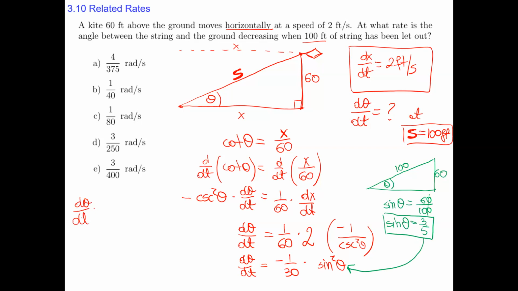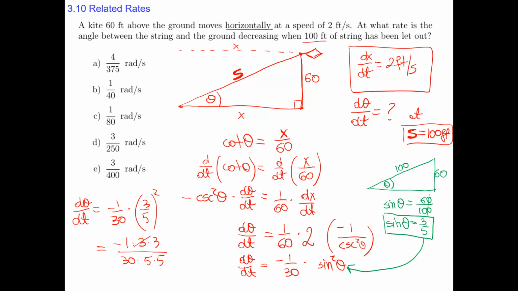The rate of change of the angle is negative 30 over... and sine theta is 3 over 5, but squared. Am I right? 60 over 100, 6 over 10, 3 over 5. Okay, that's what we have. Negative 30 times 3 times 3 over 5 times 5.